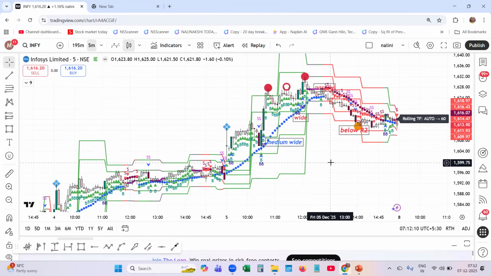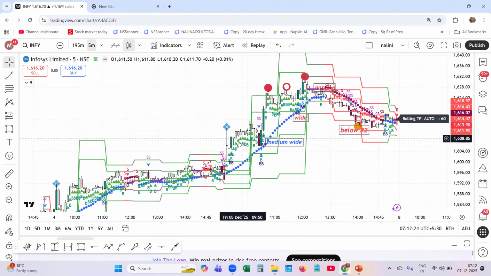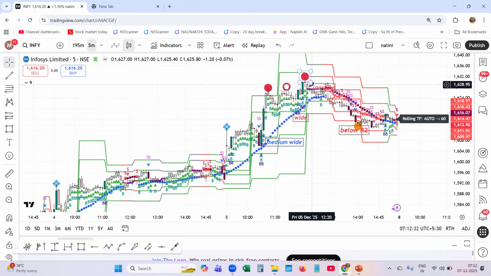A 5 to 6% gain in this stock. And here you can see price is not closed above this. It's not popping above all these pivots, closing like this. Now it has started coming inside.